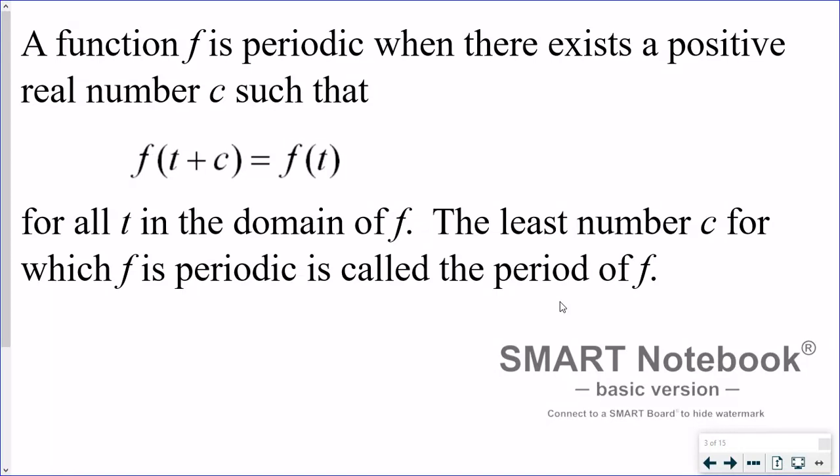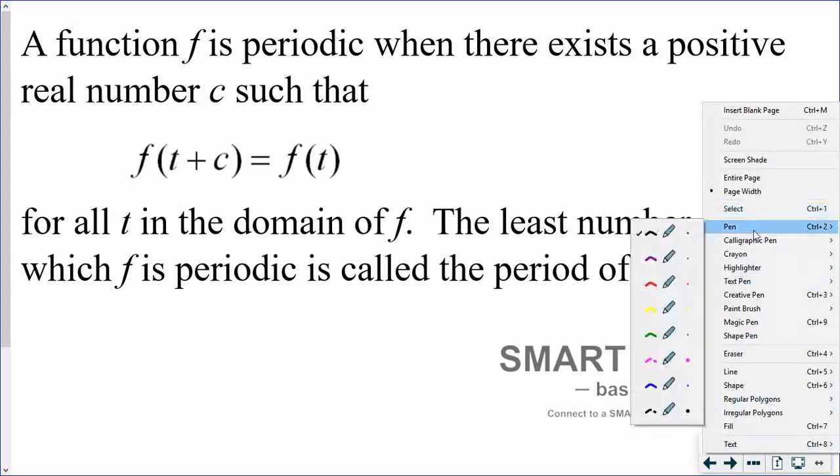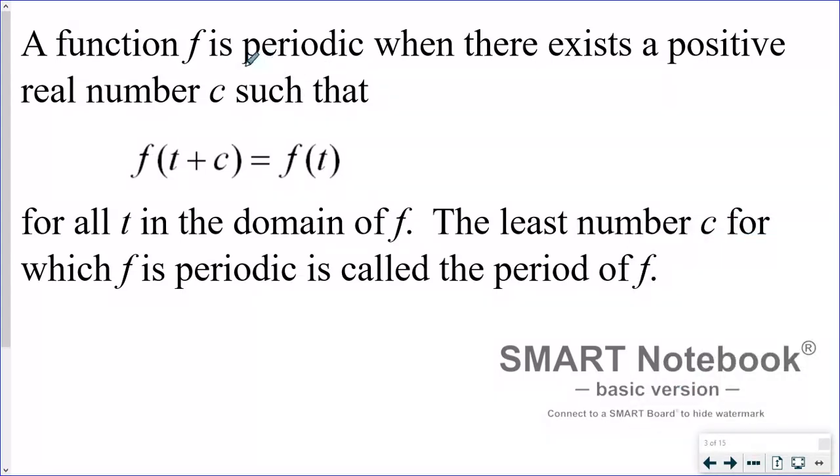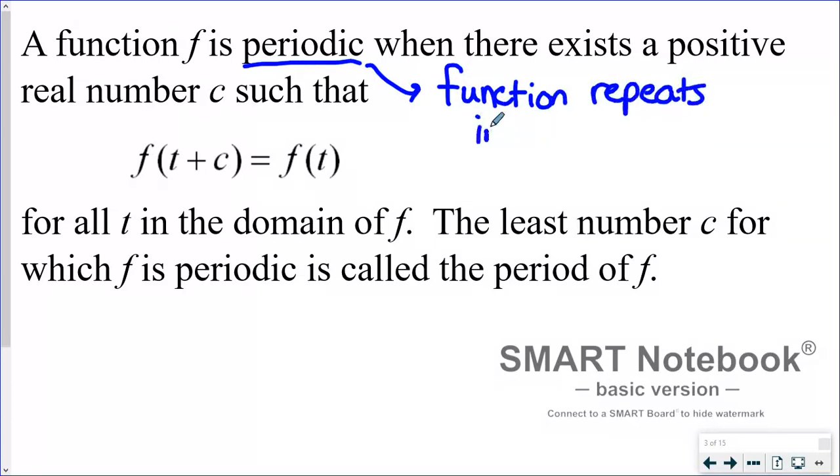Basically, a periodic function is a function that repeats over and over. All trigonometric functions are periodic.